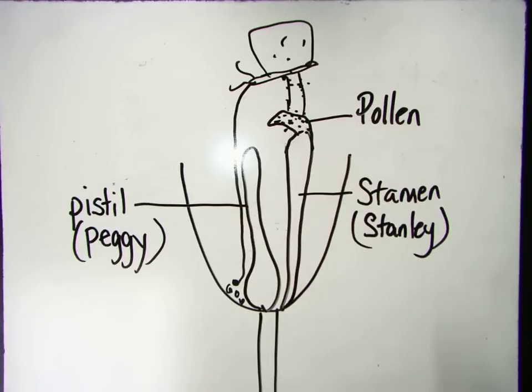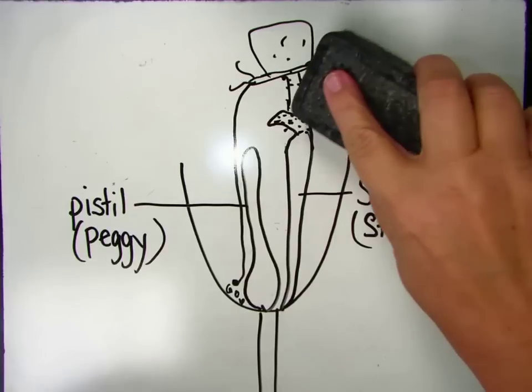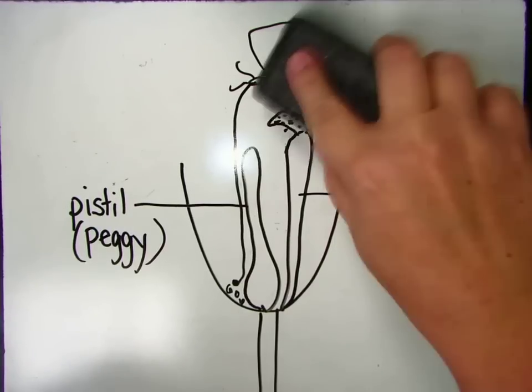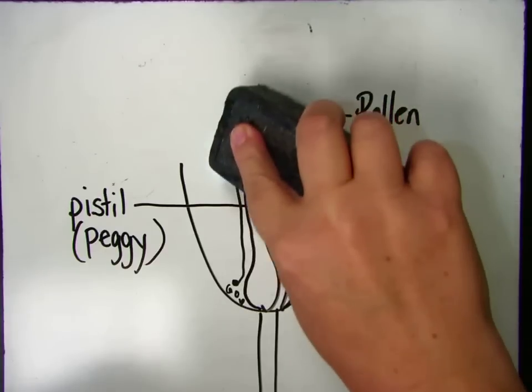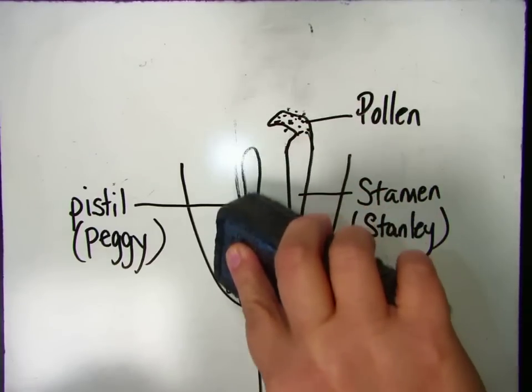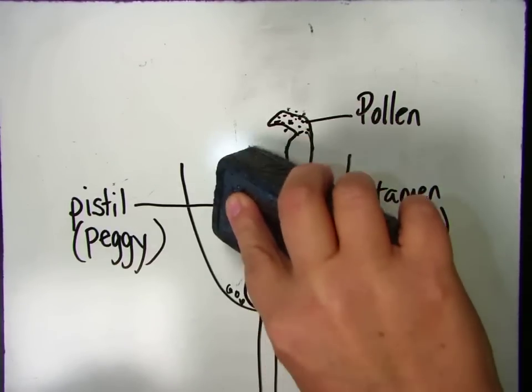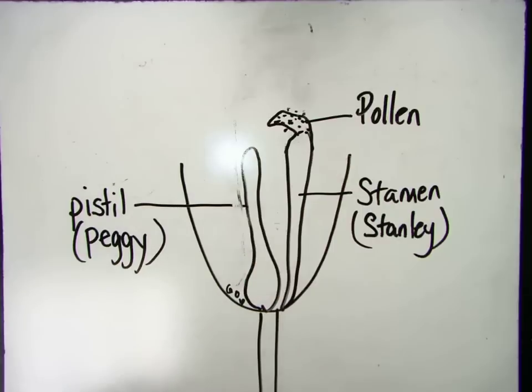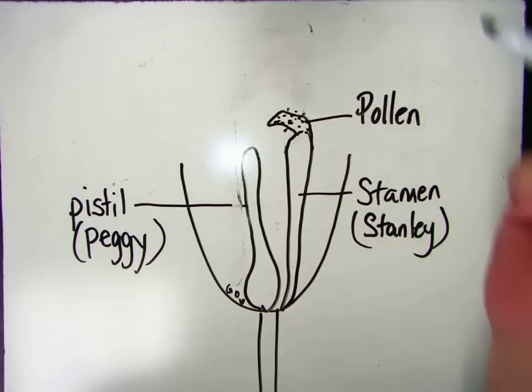Might pick it up on its legs, could pick it up on its head, on its antenna, and on its wings. Somewhere on the insect's body will be deposited some pollen, because the pollen comes away from the plant easily but sticks pretty good to insect legs and things like that. So the insect is now a pollinator.